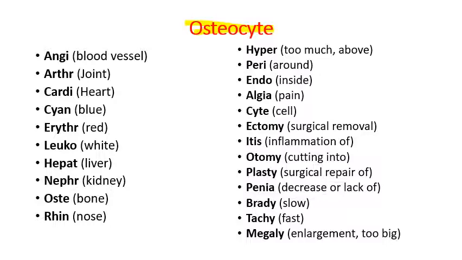That's why you would want to take bone apart, because bone is not only there to give our body strength, but it is also there as a storehouse for calcium. So the general term for bone cell is osteocyte. If the osteocyte is specialized to build bone, you call it an osteoblast. If it's specialized to take bone apart, you call it an osteoclast.